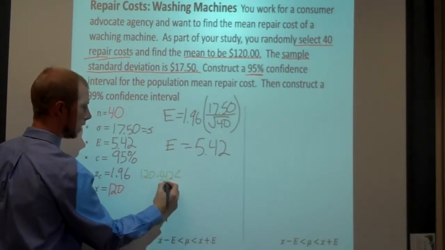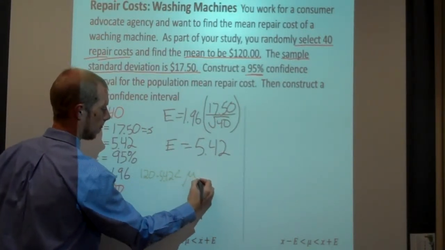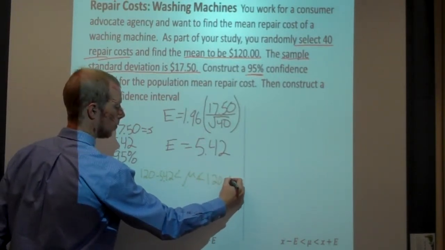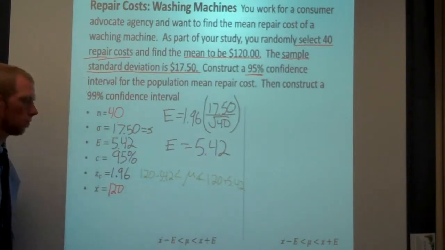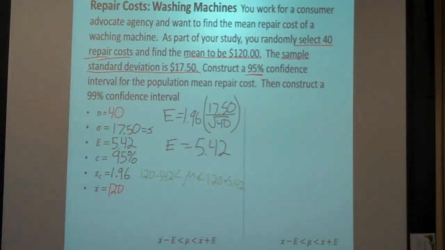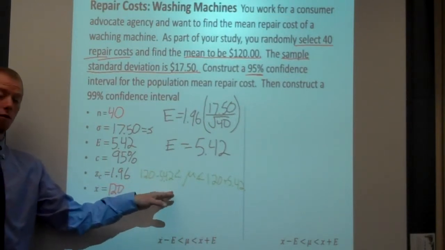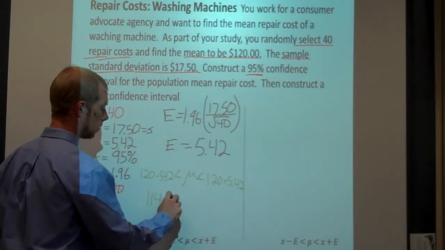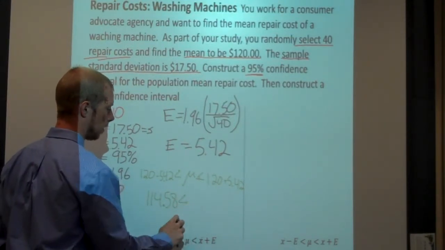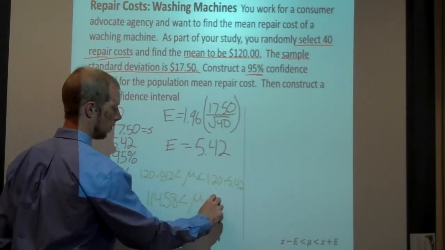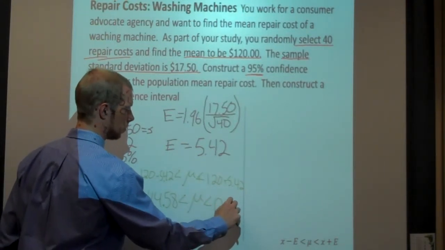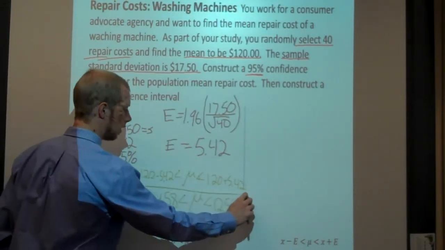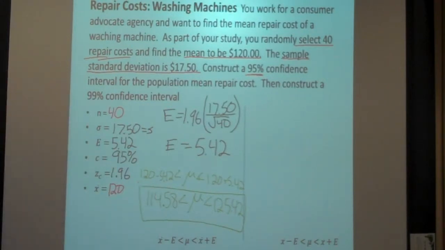That's going to be less than mu, which will be less than my 120 plus 5.42. What I find is that 120 minus 5 is 115, minus another 0.42, so that's going to be 114.58 is less than mu is less than 125.42. This is my confidence interval for mu.